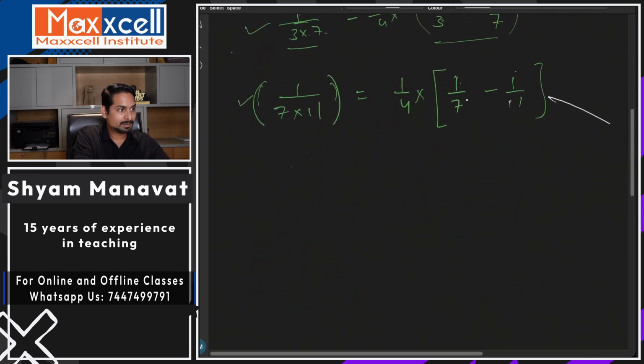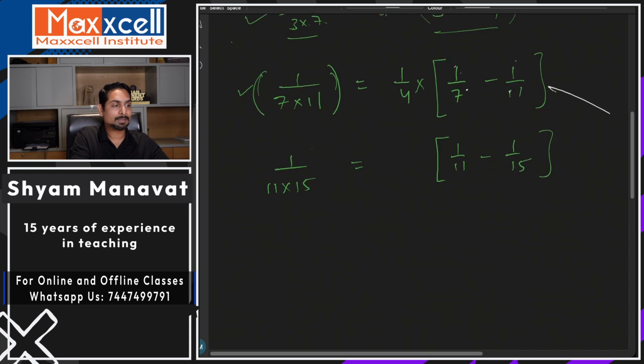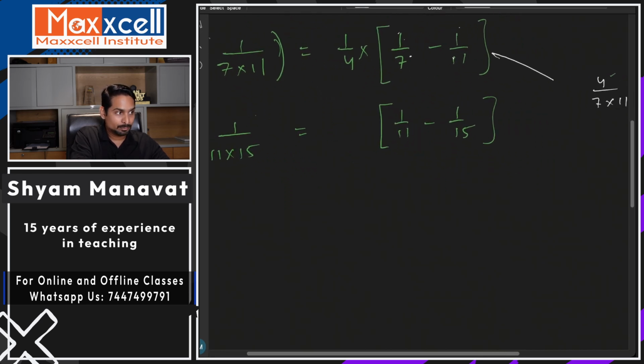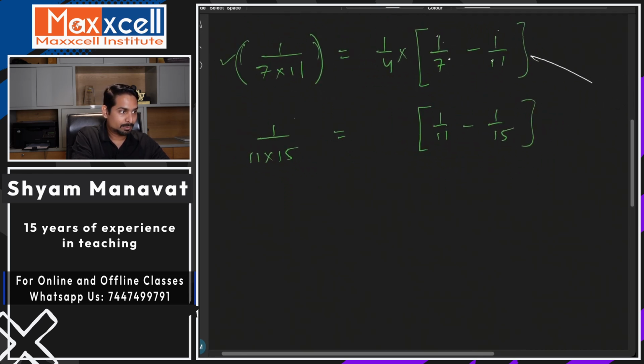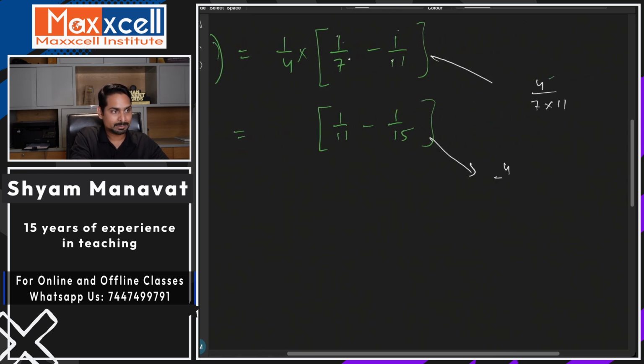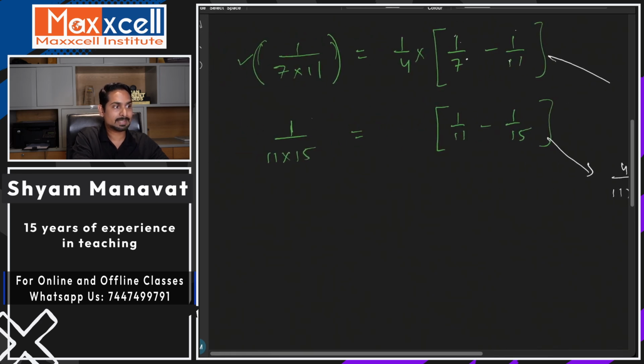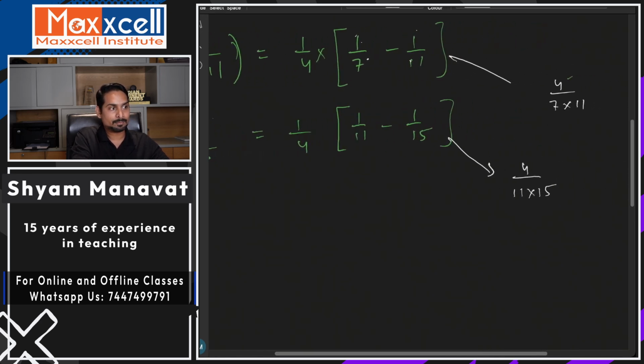See this. If it is 1 upon 11 into 15, now you tell me, what do we do first? To apply partial fraction to this left hand side fraction, we write 1 upon 11 minus 1 upon 15, and because I only want 1 in the numerator, but if I simplify this I will get 4 in the numerator, I divide by 4 so that 4 can be cancelled.